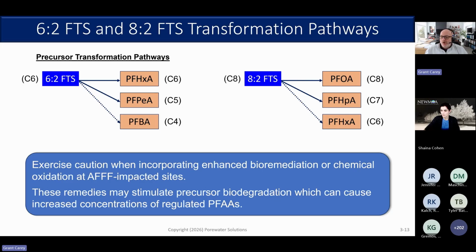And if they make things more oxidizing, for example, that could stimulate the biodegradation of these precursors to their PFAA daughter products. So we really need to be careful of that if you're looking at remediating non-PFAS at a site. I've seen some sites where PFOA, for example, increased by a factor of 10 where chemical oxidation was done. So just something to be aware of.